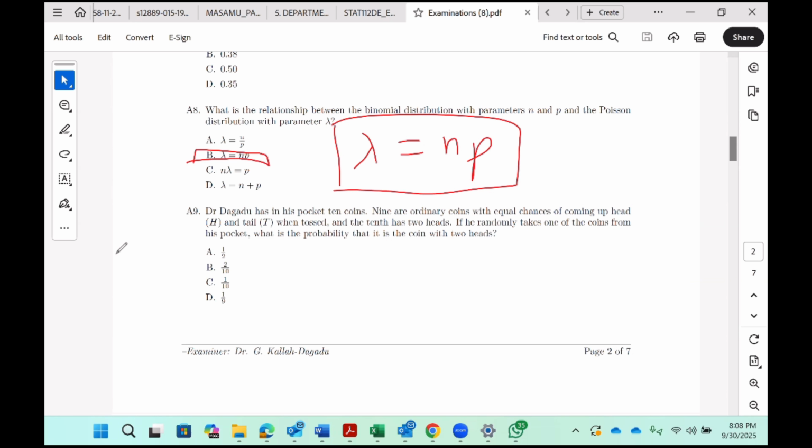So based on that, your lambda will be n times p, not n over p.